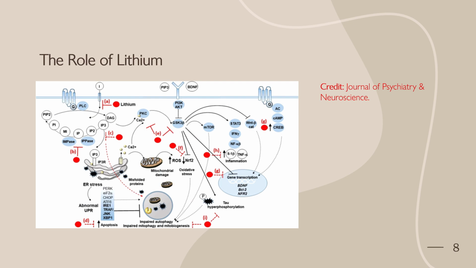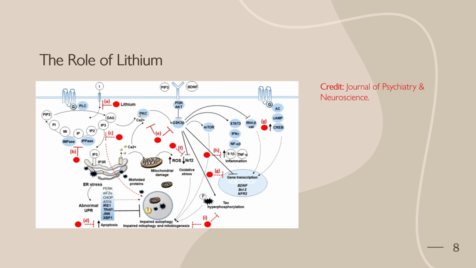Now let's take a look at the cell's inner engine. While these chemicals outside the cell are important, what happens inside the cell is even more so. This is known as the second messenger system.